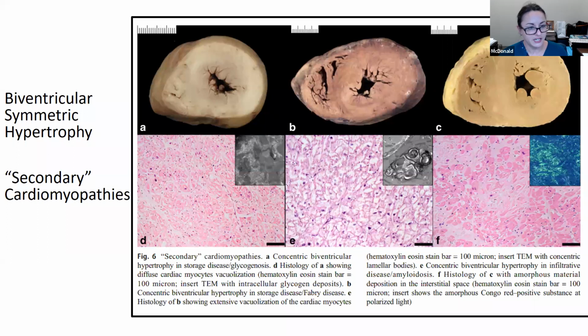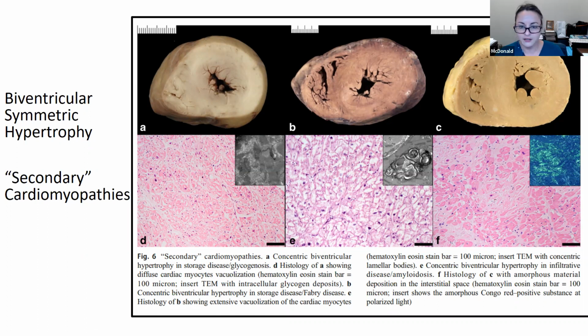So moving on to the secondary cardiomyopathies, these are generally presenting with a more diffuse picture. So you're going to get the biventricular symmetric hypertrophy on the left. It's showing the cardiomyocytes with diffuse vacuolization.